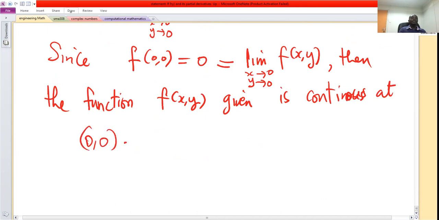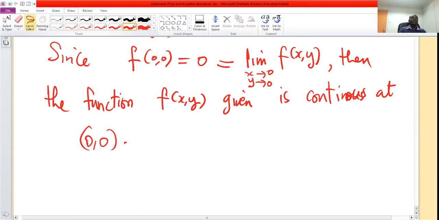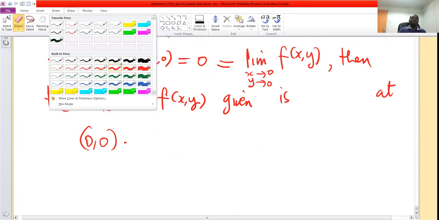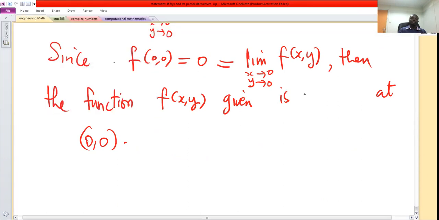So therefore, for this given example, the function is continuous. So that's how we solve that problem.